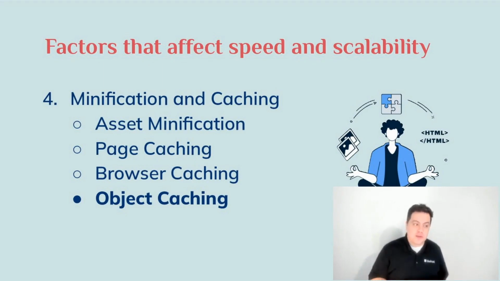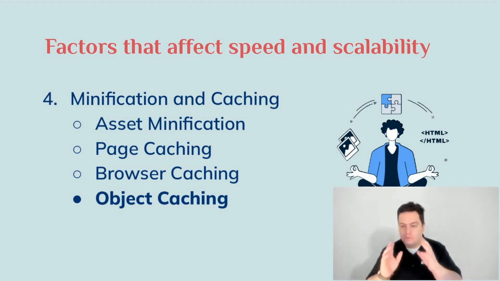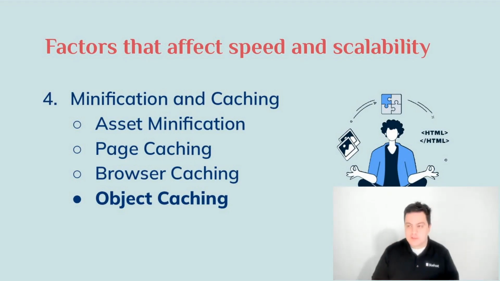And this can be especially helpful for situations where regular page caching doesn't work. Remember the example we gave with e-commerce, where I can't save a copy of the cart page and serve that up to every site visitor because the cart page is different for every visitor.